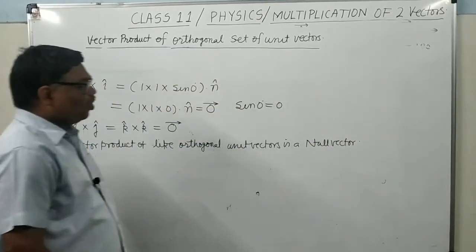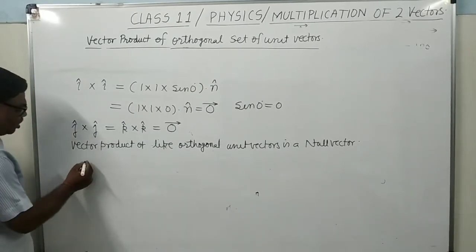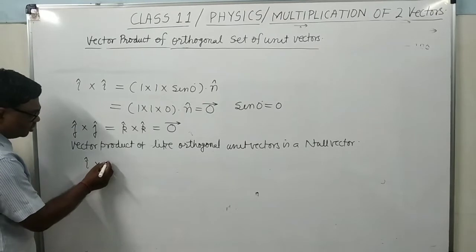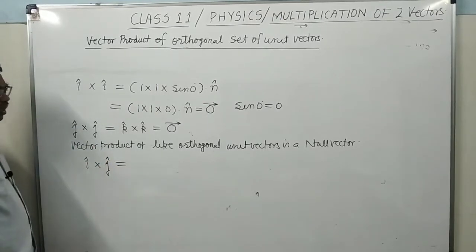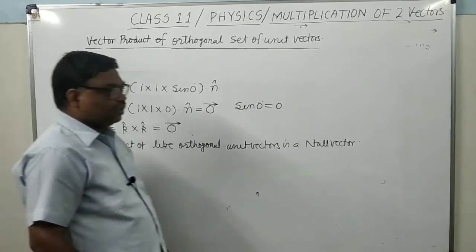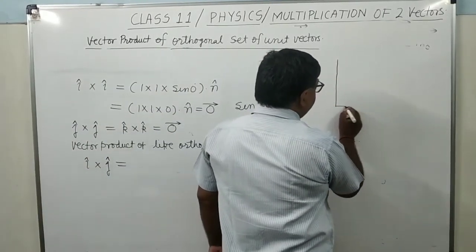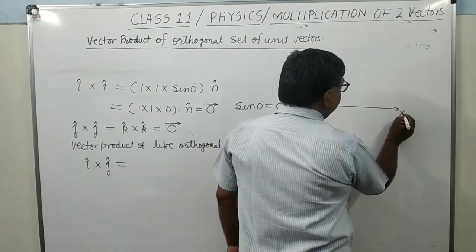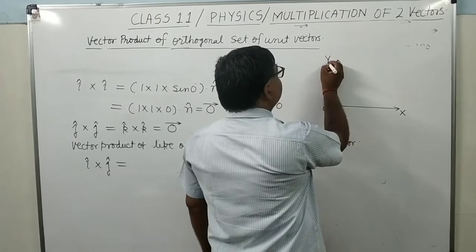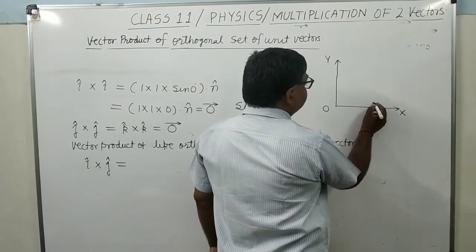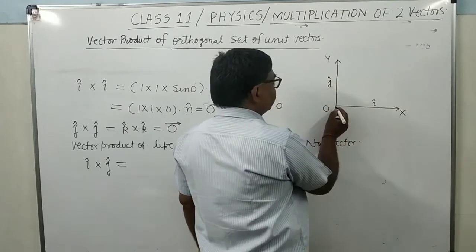But suppose you have to determine i cross j. You can see in the diagram that unit vector i is along the x axis and unit vector j is along the y axis. The z axis is shown here, along which is unit vector k.